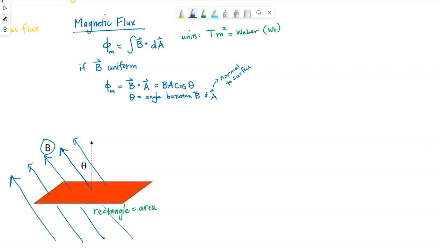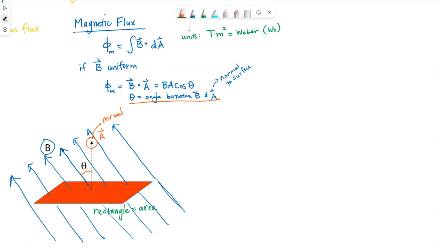So something is creating this magnetic field that makes an angle such that it points to the left and upwards. The dotted line represents the normal vector, meaning perpendicular. So this is the direction that the area vector will point in, perpendicular to that rectangle. So theta in this picture is what we mean by theta in our equation for flux.